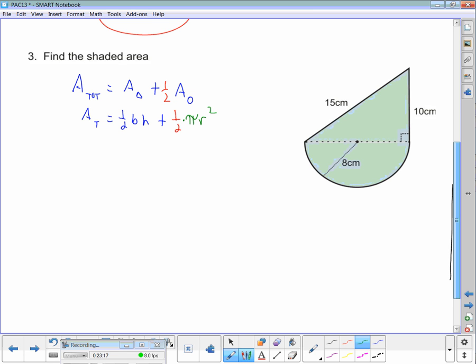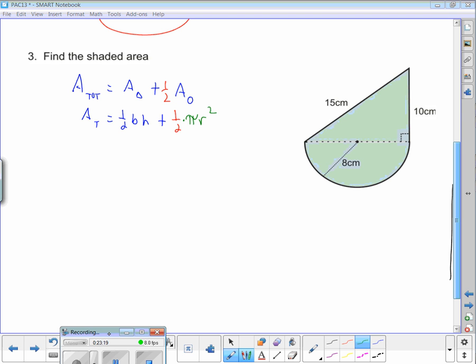I'm going to let you finish it. Go ahead and now sub in your values. See if you can finish it. I'm going to pause the video here. All right. So the half is a half. I'll come back to the base of the triangle because that's the trickiest part of the problem. The height of the triangle is 10 centimeters, correct? Right here.